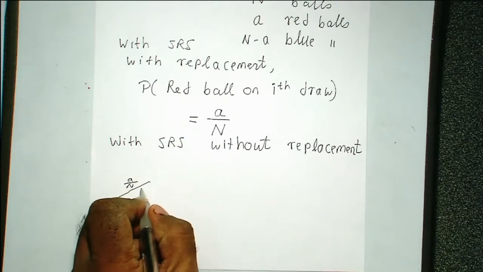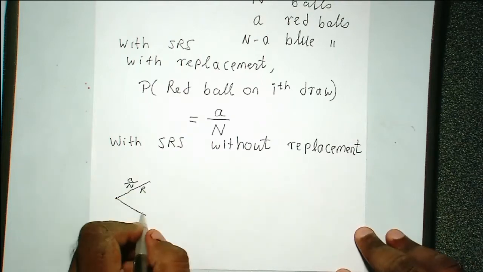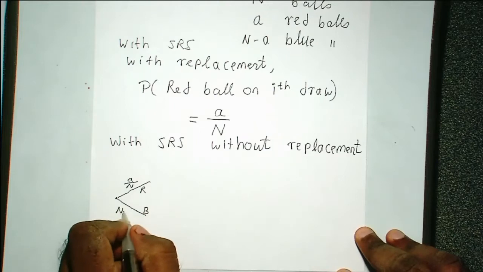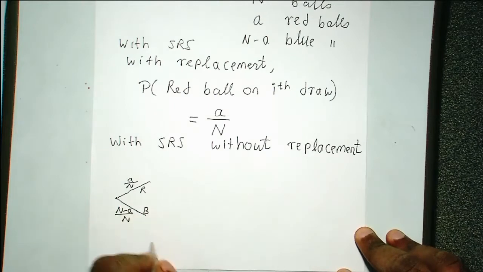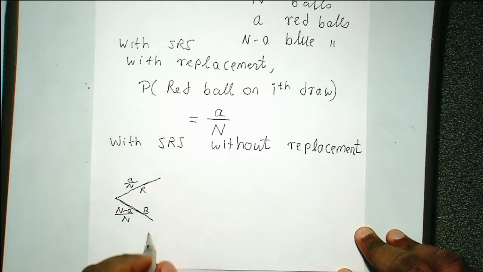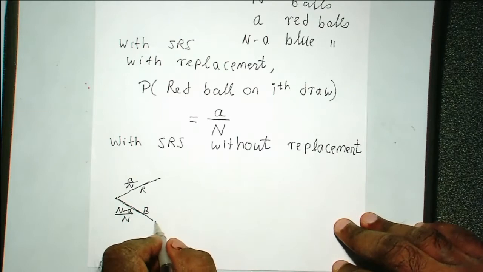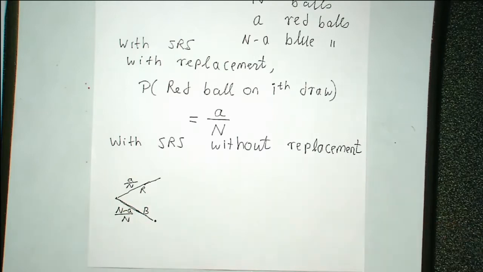This is for red, and selecting a blue ball will be n minus A over n. I'm sure you've seen this in your probability 1 course. This is known as the tree diagram. And that's for the first row.